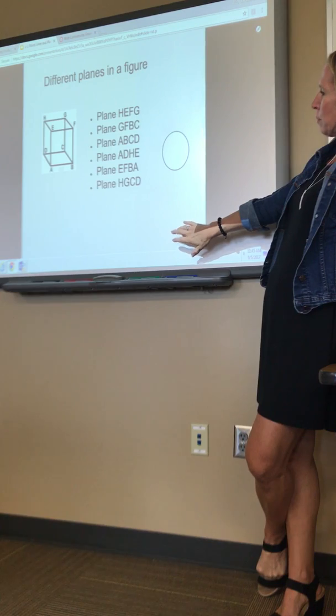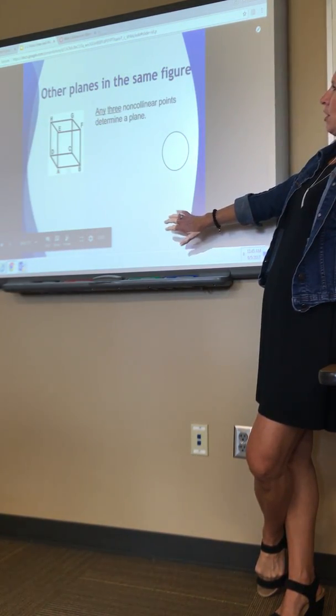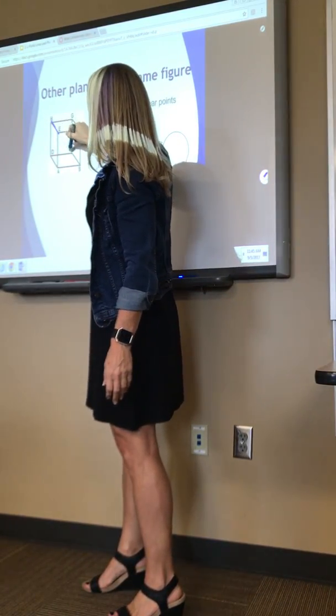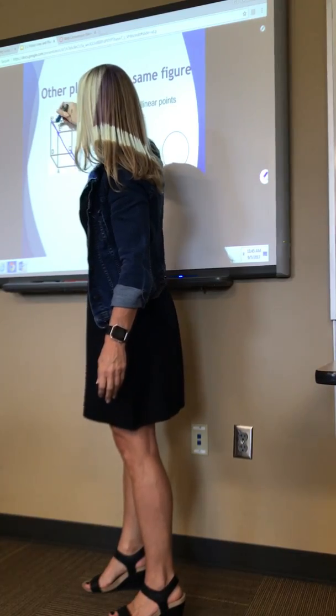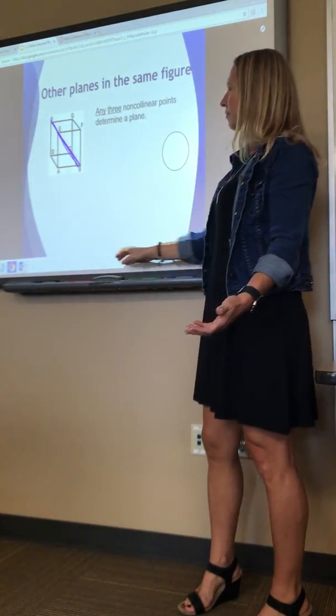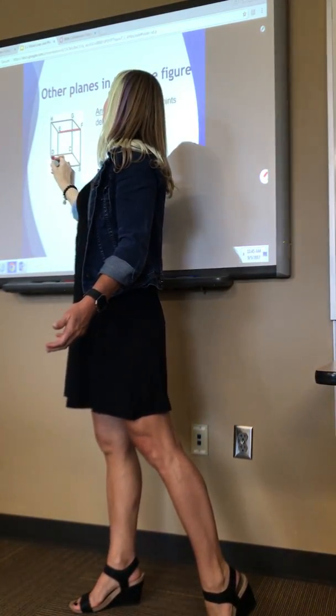But what about those planes that are not so identifiable? Like, what about HECB? Do you guys see that plane? That diagonal plane? It's kind of hard to draw. That's 3D. What about EFDC?